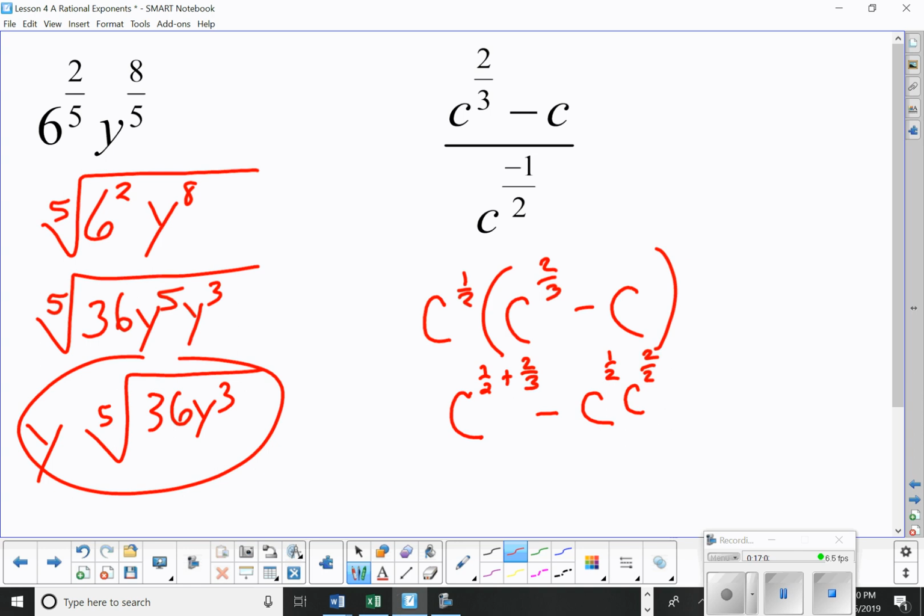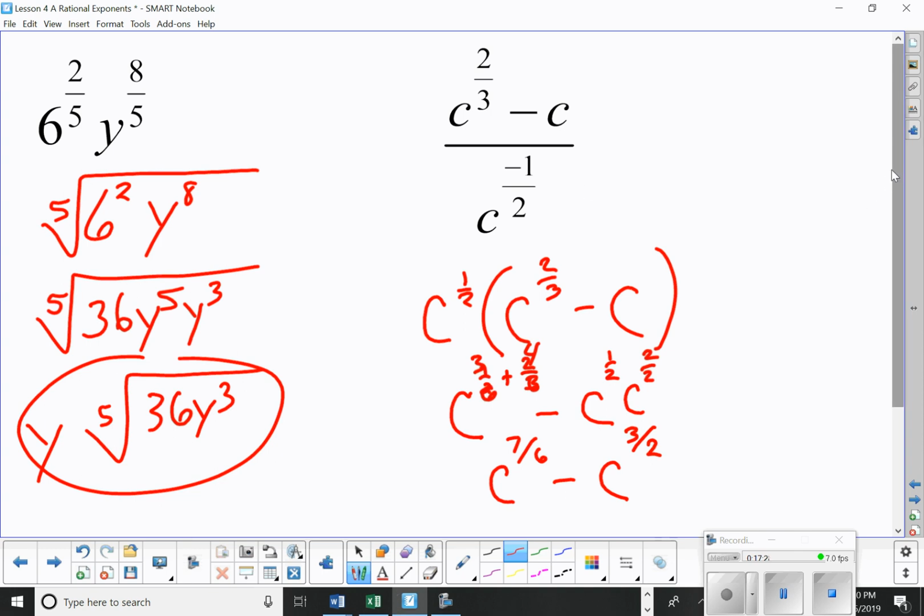All right, from here, 1/2 is 3/6, 2/3 is 4/6, so I get c to the 7/6 minus c to the 3/2. Now, you can take a c out.